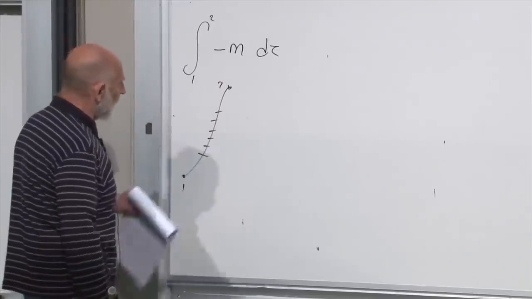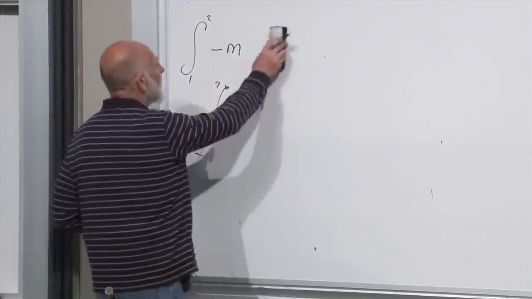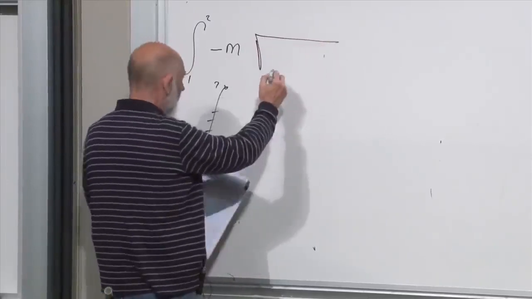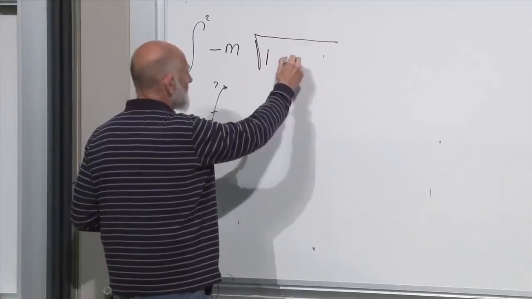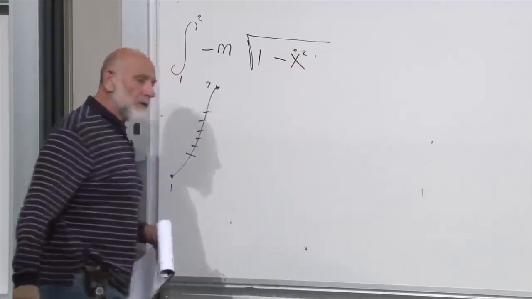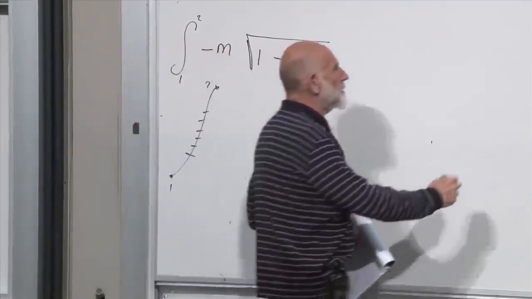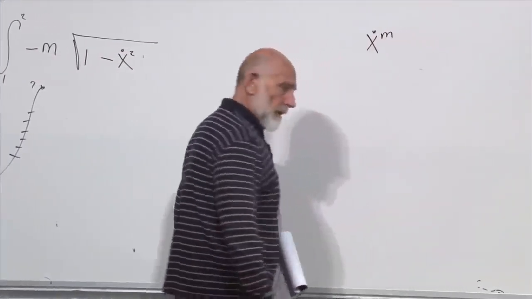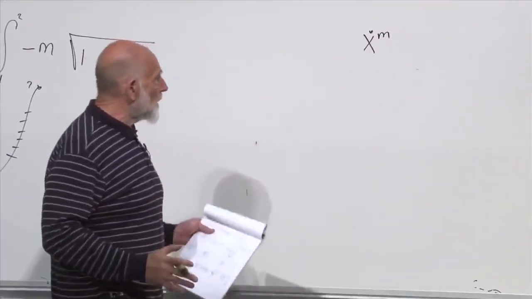And we rewrote that as the square root of 1 minus x dot squared, where x dot m is the mth component of velocity.